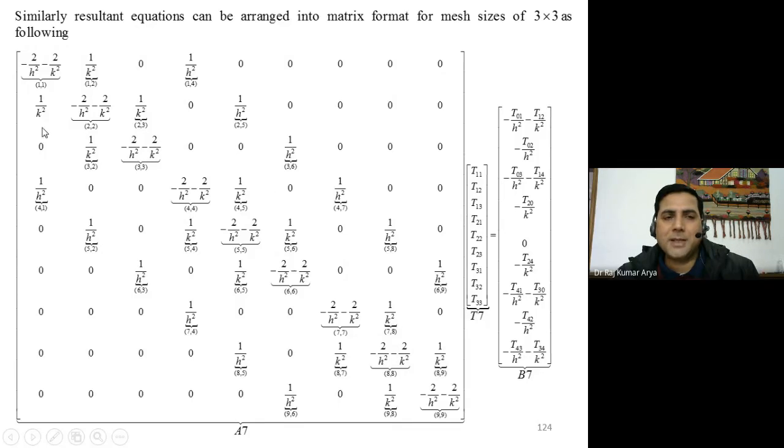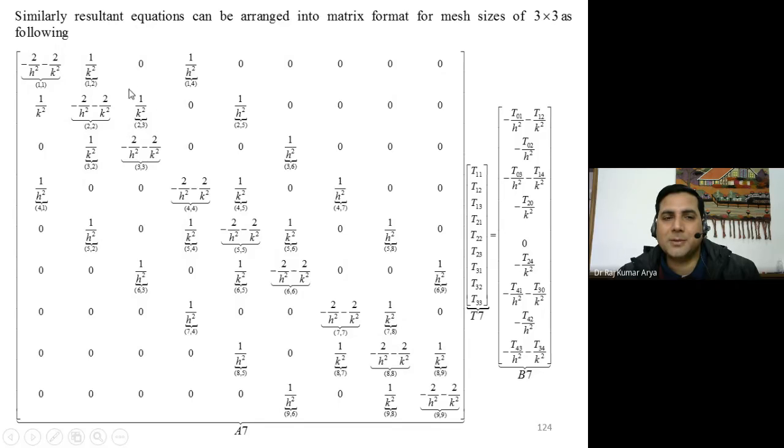Now you see from the second row onwards, here you have again 2 comma 1, right? This is 2 comma 1, this is 3 comma 2, and this is 2 comma 3.